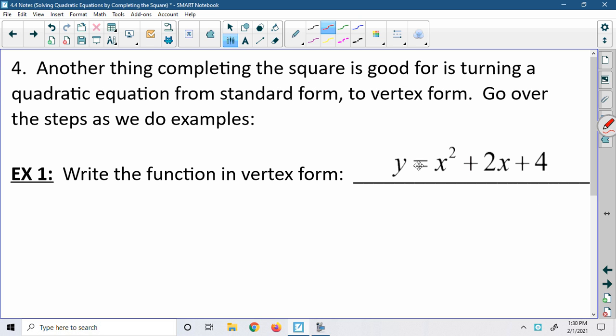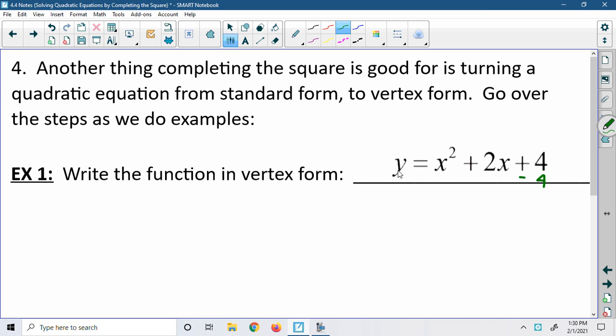So a few weeks ago in class, when we were looking at the different forms of quadratic equations and graphing them, we didn't have the skills yet to do standard form to vertex form. Now we have the skills with this completing the square stuff. The one major difference is instead of a 0 on one side of the equation, you're going to have a y. But for the most part, the steps are still the same.